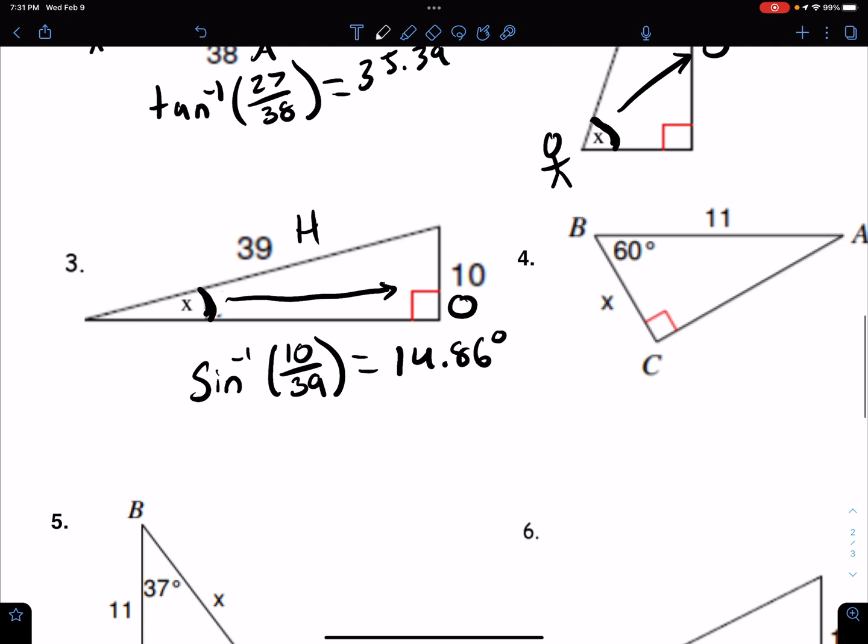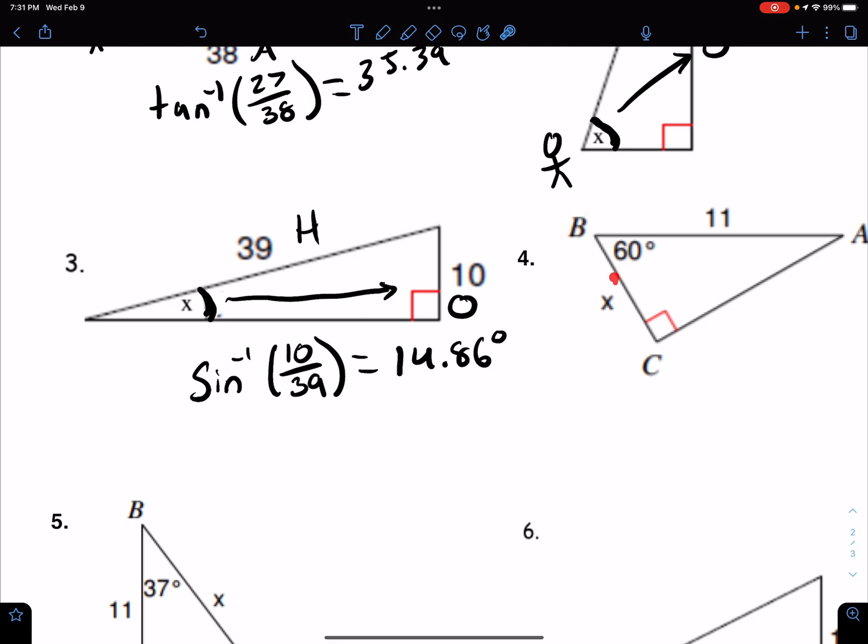Okay, now what about number 4? This is a little bit different, right? Because I do have my degrees. Now my x is on the outside. So this is actually going back to what we did yesterday. So I need to not be thrown off by that. In this case, I have my person up here, right?